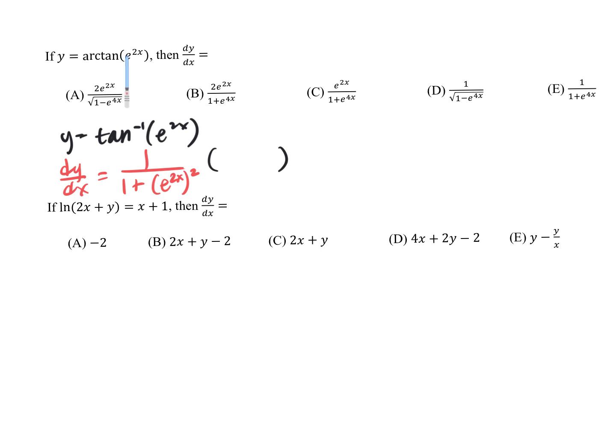Do you agree my u has an outer and an inner? So many layers. This is a peanut M&M for sure. What's the derivative of e to the anything? E to the anything times 2. Very good, you guys. Is that an answer?